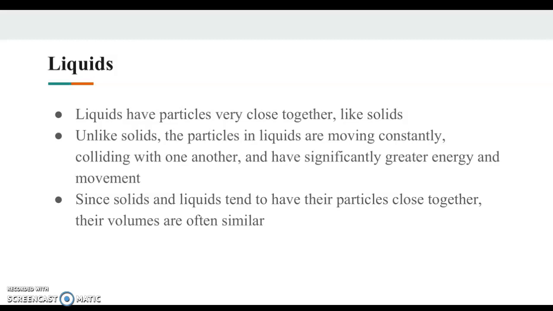And by that I mean if you take the solid of a substance and a liquid of the same substance, their volumes are fairly close together. Always the exception, water. Water is, I think, the only substance where the solid is actually going to take up more volume than the liquid. Typically your liquid would take up a little bit more volume, and that's due to water's hydrogen bonding. It forms a unique crystal structure when solid.